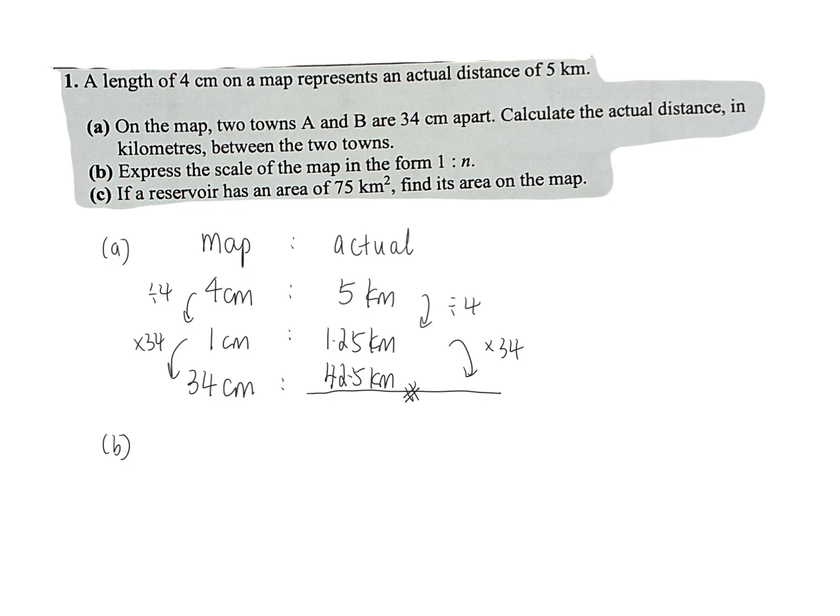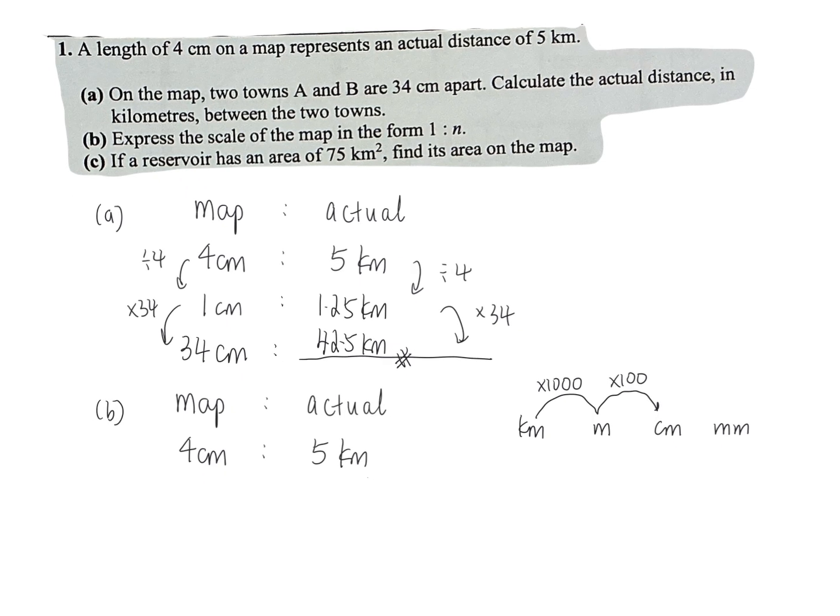Let's go back to the same scale. This same thing, but make them of the same unit. So remember I told you all kilometer, meter, cm, mm. So to change this to this, you need to jump 100,000. So multiply this by 100,000 so that you get 500,000 cm.